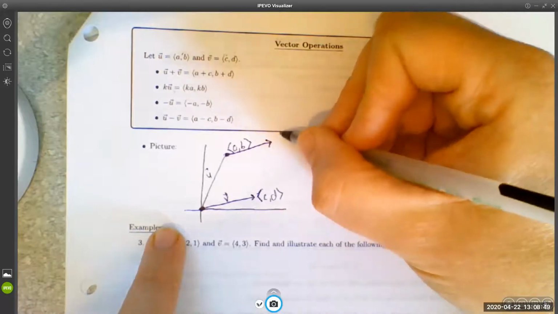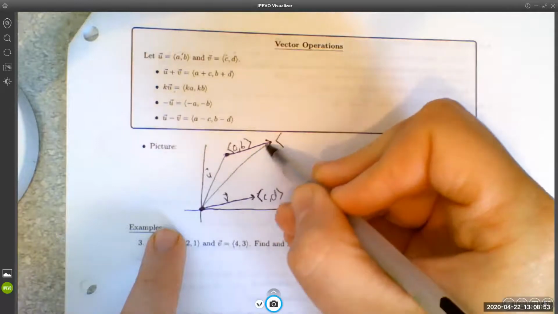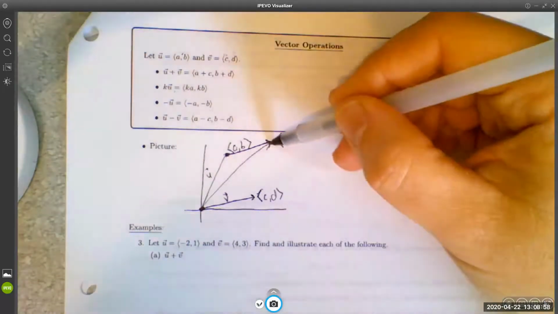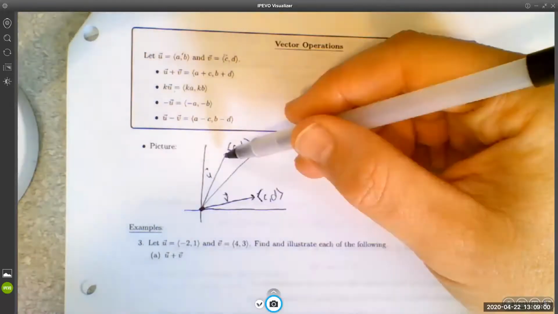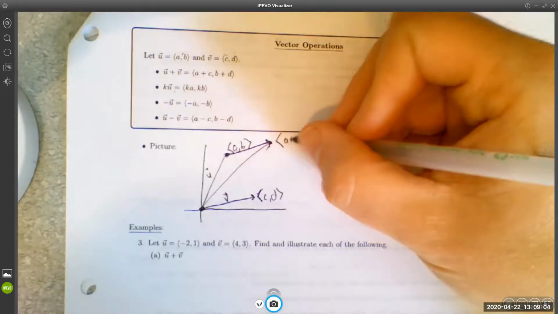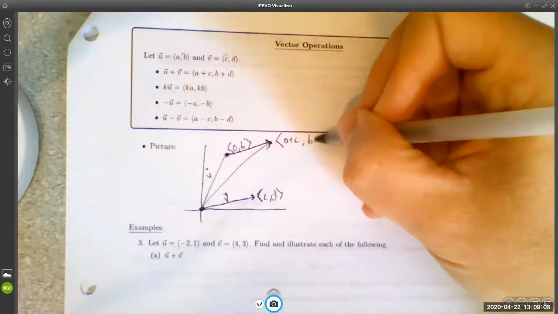And if you're thinking about what the resultant is, well, the x coordinate should be a plus c, right? And the y coordinate should be b plus d.